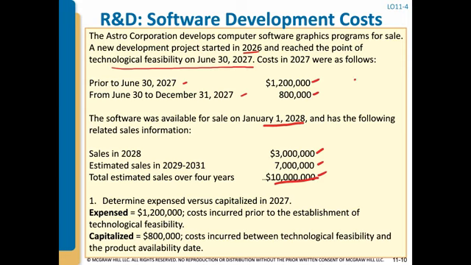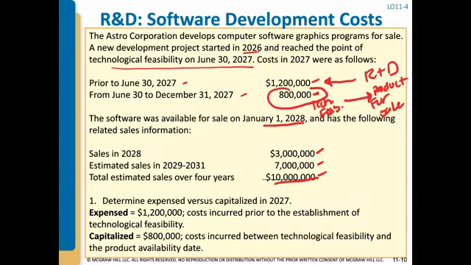Anything that was incurred prior to technological feasibility is expensed as research and development, so that's going to be $1.2 million. And then everything from the point of technological feasibility through product availability for sale is going to be a capitalized cost as an intangible asset on your balance sheet.